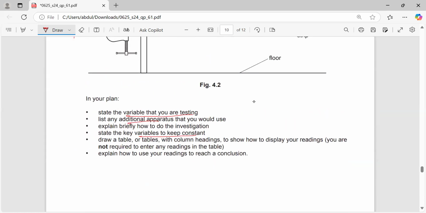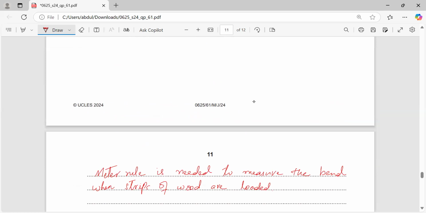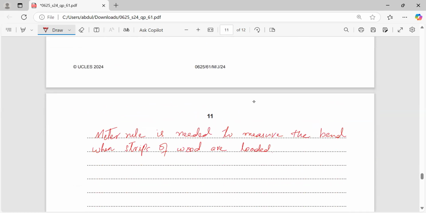This is the first one, just a little bit. Otherwise, you can write meter rule. State the variable that you would use. Oh, sorry, the variable I was supposed to write. Okay, I have written it already in this point.